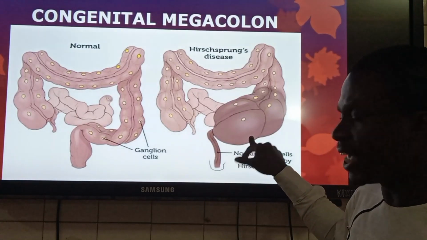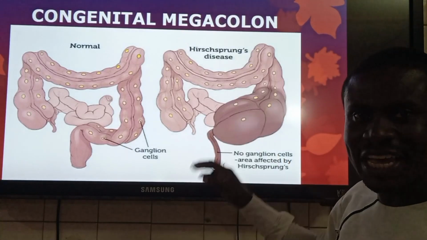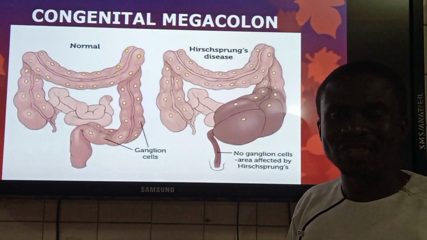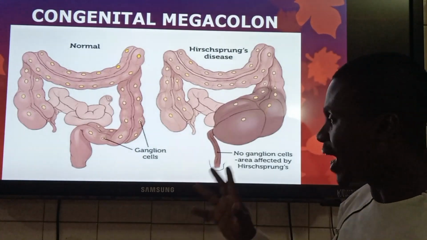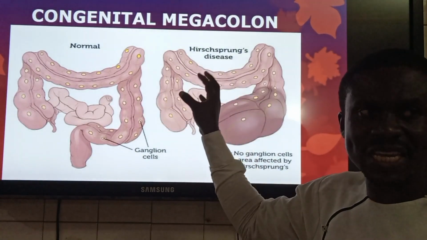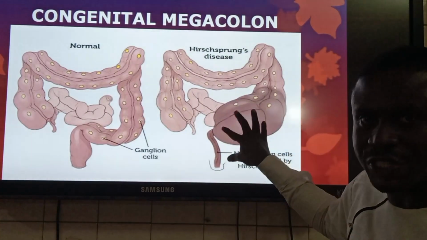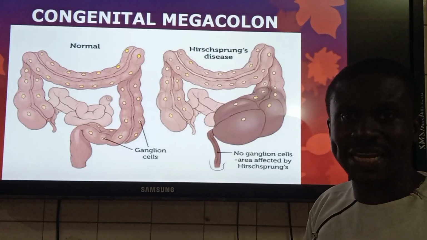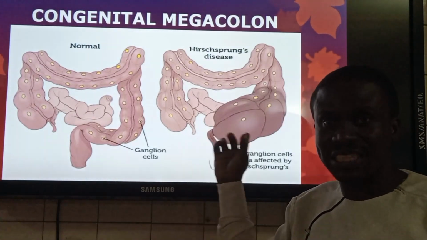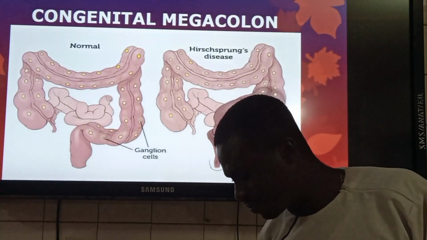So the muscle cannot really contract. And once they cannot contract, the synergistic action of the inner circular and outer longitudinal muscle that propels the fecal matter is impaired. So the fecal matter may get lodged and compacted there, leading to the colon becoming larger over here. And that is something we call congenital megacolon.